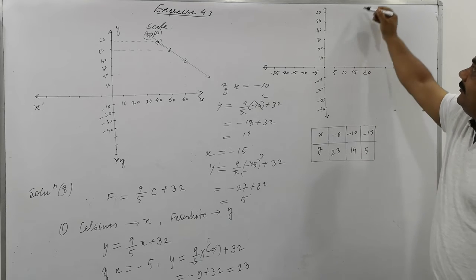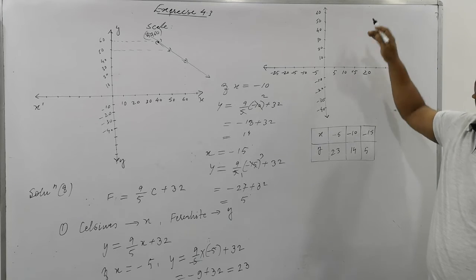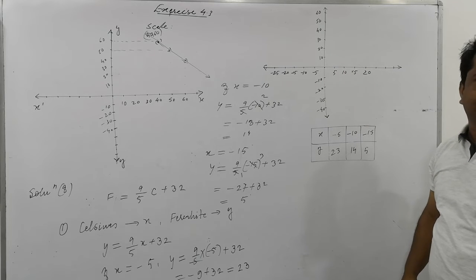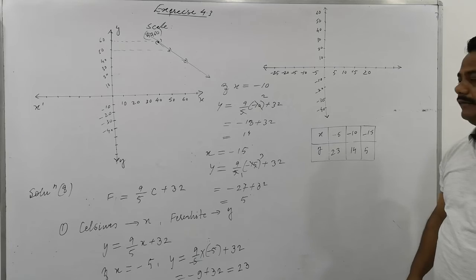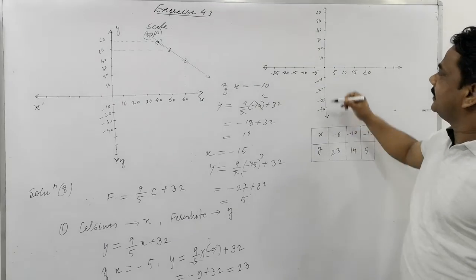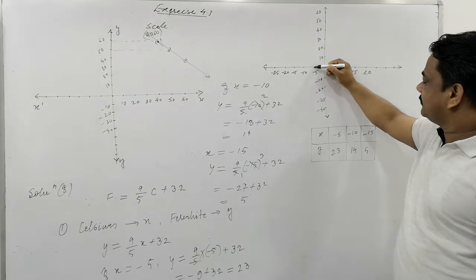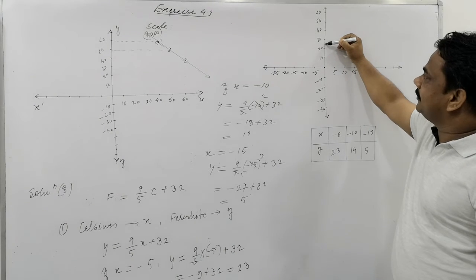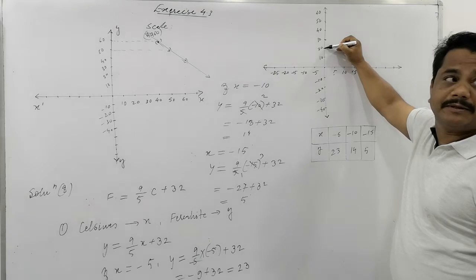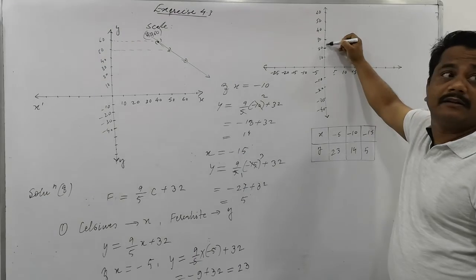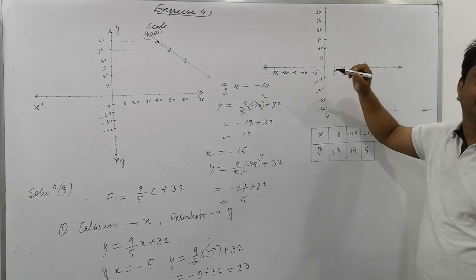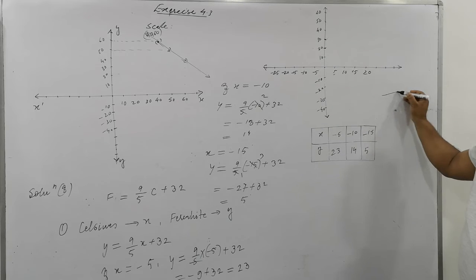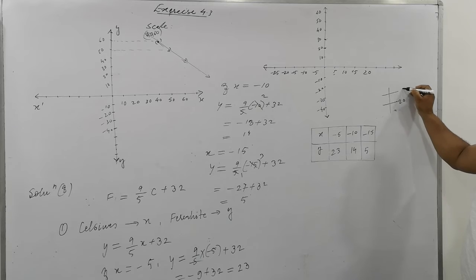You need to define the scale here, okay? However, I have represented 5, 10 here already, so there is no need to define it, but in your graph paper, you need to define the scale, clear? This is minus 5, and the corresponding value is plus 23. So here 20 is there, but 23, so what is the gap between them, please tell me? 10 lines are here, okay? Look here, see Ananya, this is 20 and 30.